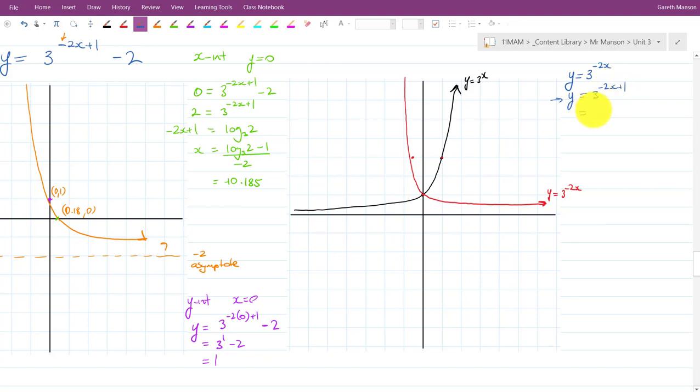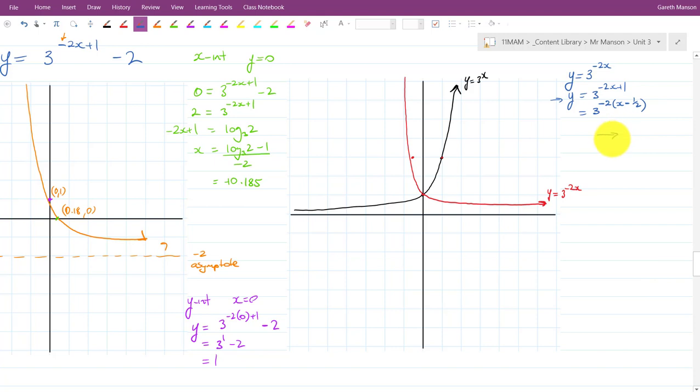The c transformation will be based on being multiplied by b. So I'm going to factorise it out as negative 2x and then minus a half. And you notice here if I expand that, negative 2 times negative a half will give me that +1, but it actually creates a translation by plus a half. So everything moves plus a half.